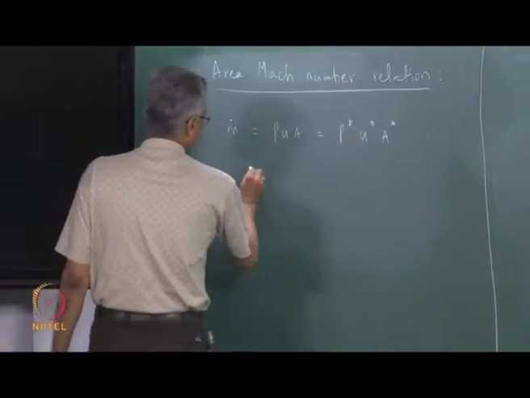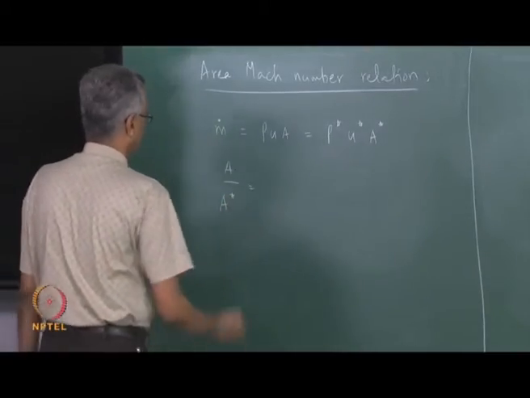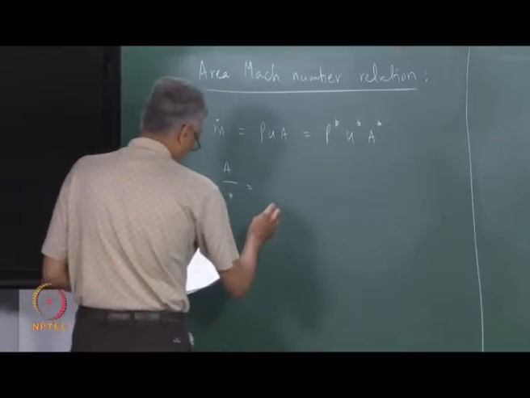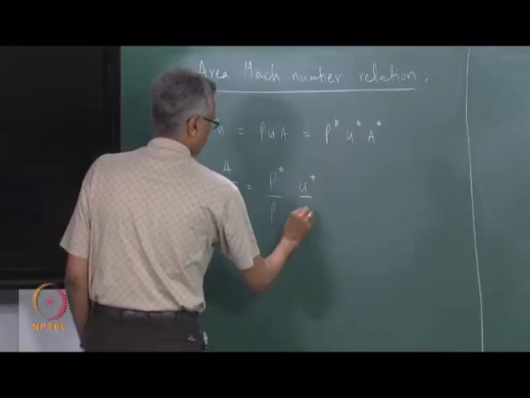If I rearrange this expression, I can write A over A star as rho star over rho times u star over u.